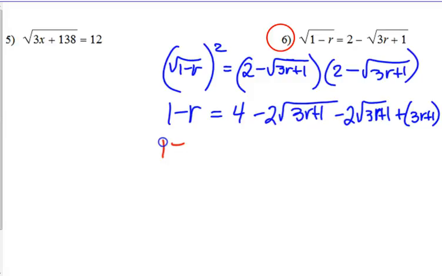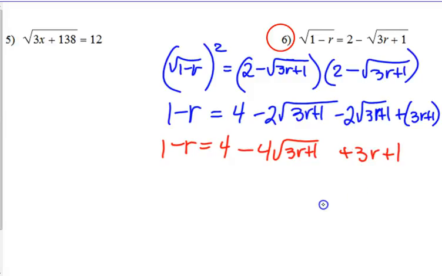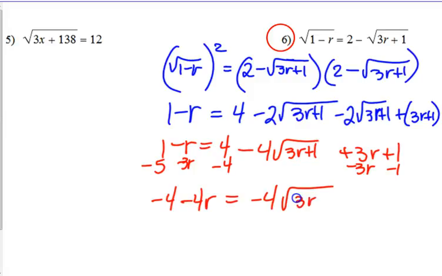Okay. So over here I have 1 minus r equals 4 minus 4 blah blah blahs plus a 3r plus 1. What can I do? You can subtract 5. If I subtract this 1 and this 4, so a total of 5, I'd get negative 4. If I subtract this 3r, I have negative 4r equals negative 4 square roots of 3r plus 1. This sounds like a really good time to do what? Correct.